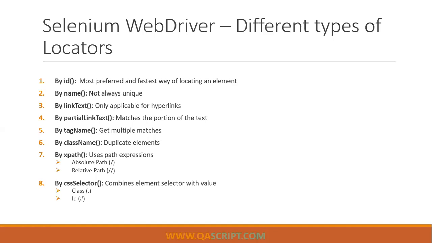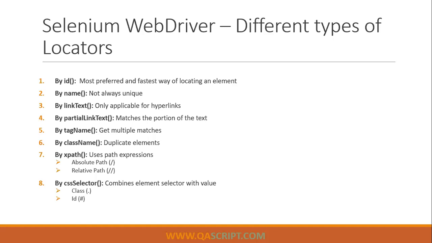And because it is unique, it is the fastest way of locating that particular element, because it doesn't need to iterate through different elements and try to find whether it's unique or not. It will directly reach there and take the ID of that particular element. So that's how it is the fastest and also the most preferred way.